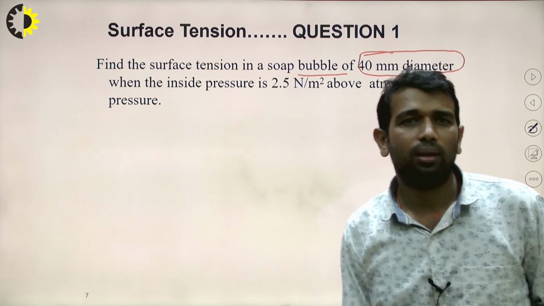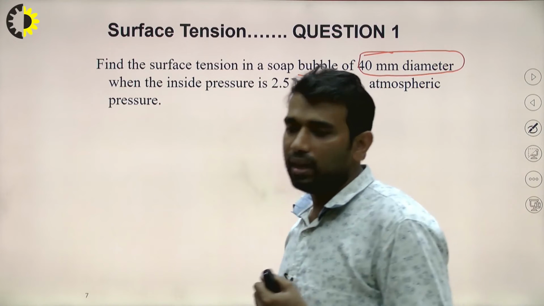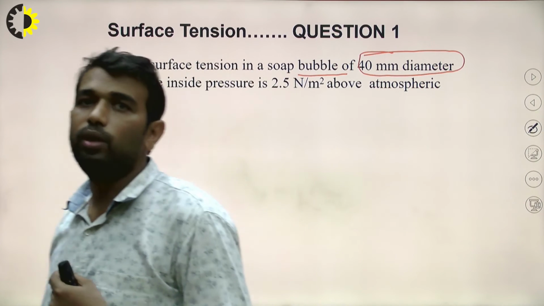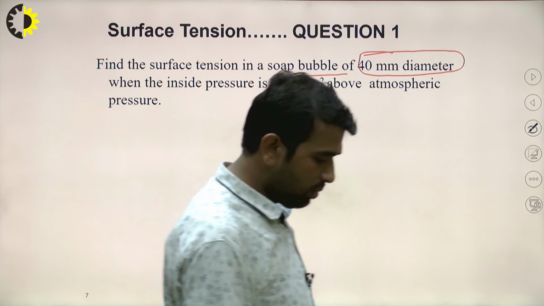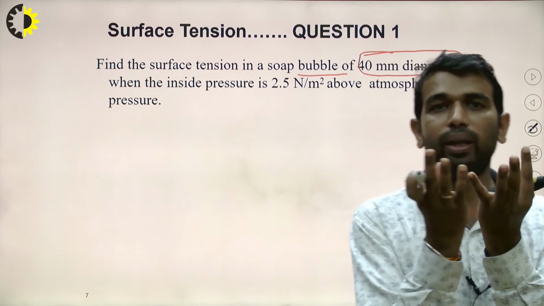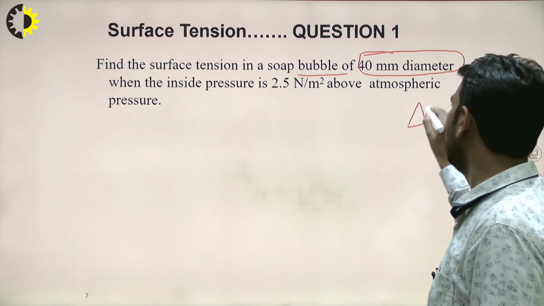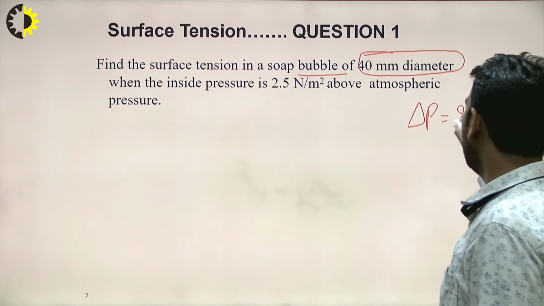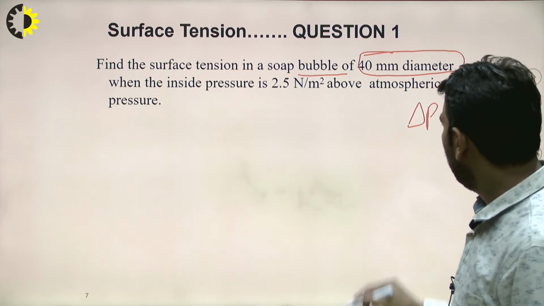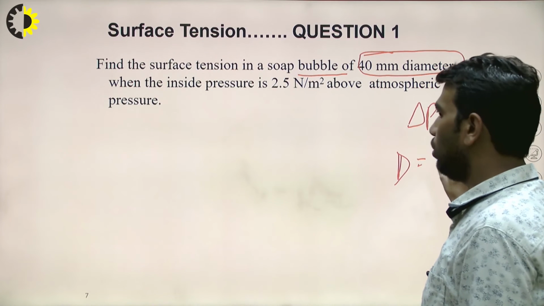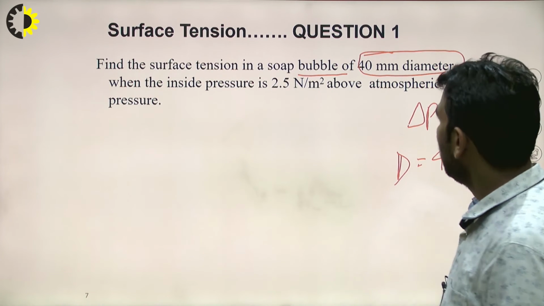The inside pressure is 2.5 Newton per meter square above atmospheric pressure, which means this bubble is surviving in the environment. The difference in pressure, del P, is 2.5 Newton per meter square, and the diameter is 40 mm, that is 40 into 10 to the power minus 3 meter.